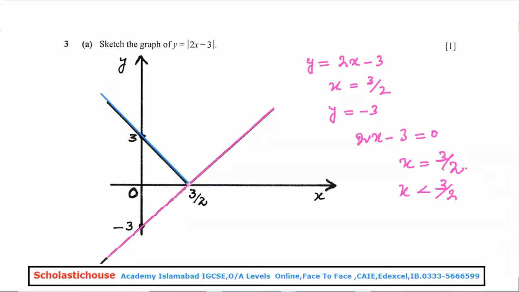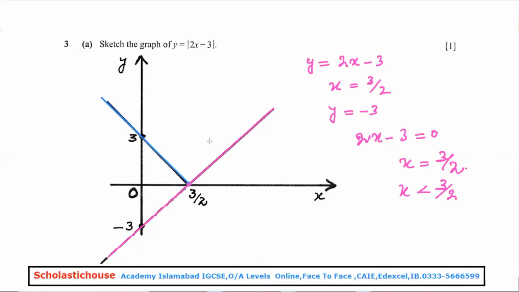Original line is this one. We will reflect where x is less than 3 over 2, because here the y-intercept is negative 3. So after reflection over the x-axis, it will pass through positive 3 like this.